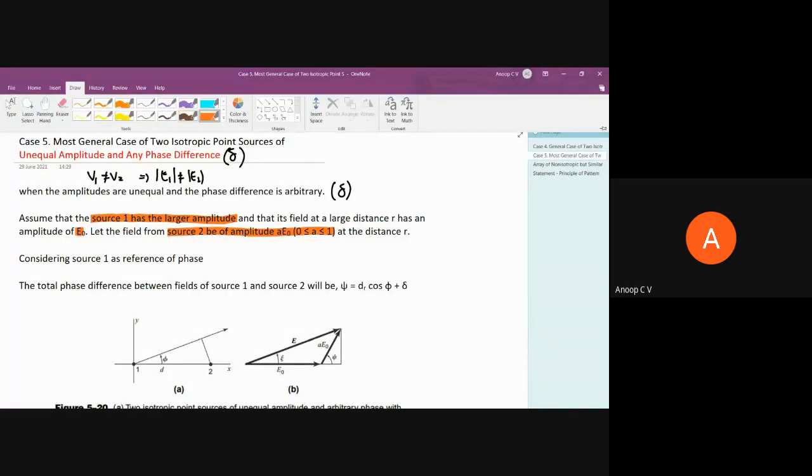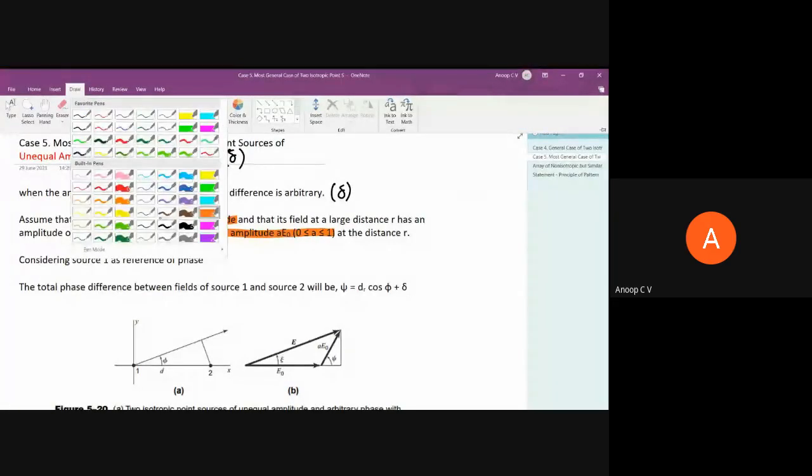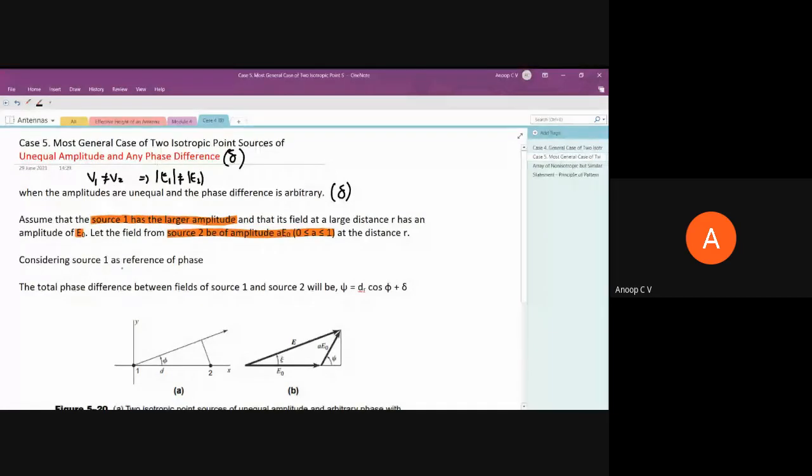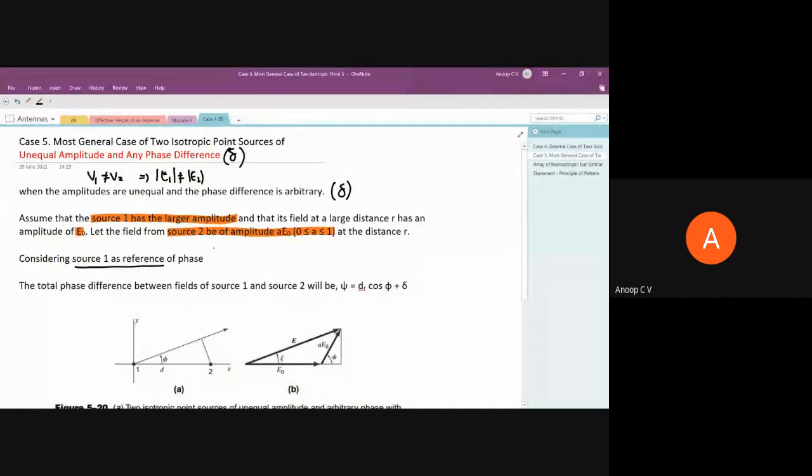One more thing: we are assuming source 1 has the phase reference. Why? Because there is no symmetry involved, since the sources are unequal and a phase difference is also there. So there is no point in considering the origin as phase reference.